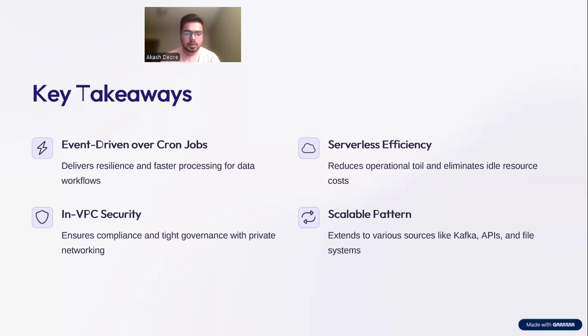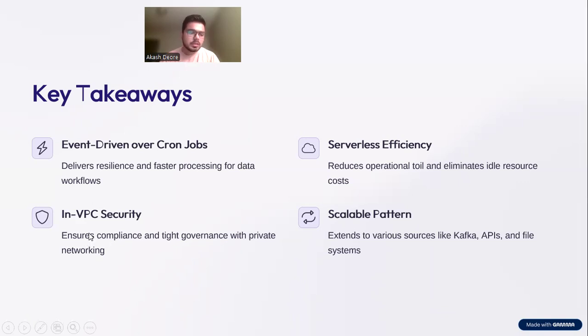Second is serverless removes toil, which lets us focus on business logic. Let AWS handle the capacity, patching, and fault tolerance. As we are using the serverless model, we don't need to manage the servers, which is required if we are using EC2 servers.